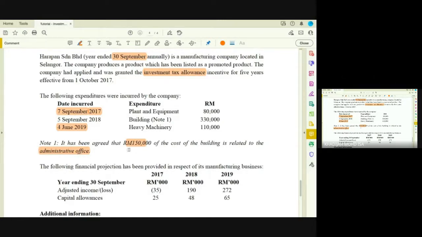It could be more than 50%, right? So you have to apportion. From the building, 330 minus 150 would be your qualifying expenditure. Qualifying expenditure for the building is not 330, but 330 minus 150, because the admin office is non-qualifying expenditure.